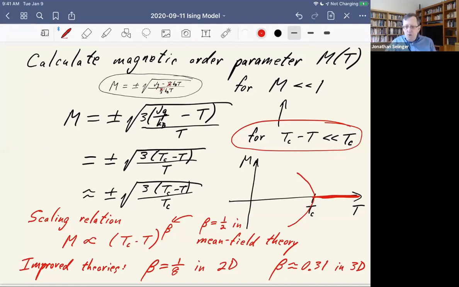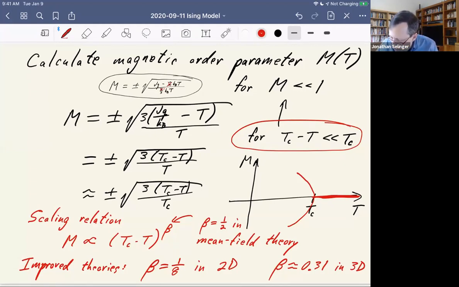So yeah, mean field theory is an approximation. There are improvements that people can make. And this exponent is one thing that people can calculate and compare with experiments, and it's a characteristic prediction and experimentally measurable thing.